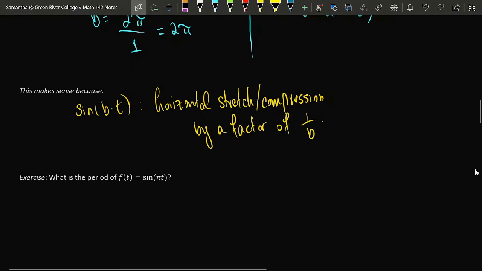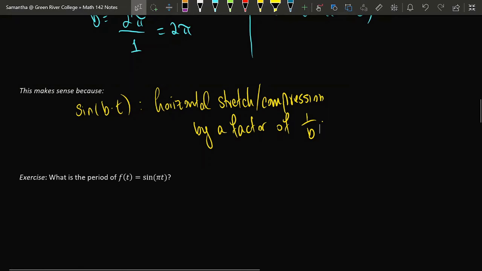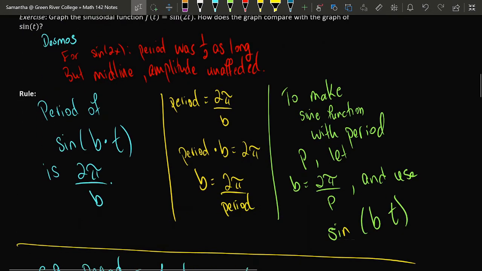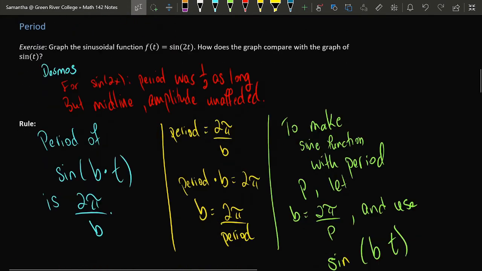For example, if you put a 2 in the input, the graph is going to be half of its normal size. So if I put a b in the input, the period is going to get divided by b, the same way that the period was cut in half when we had a 2 in the input.